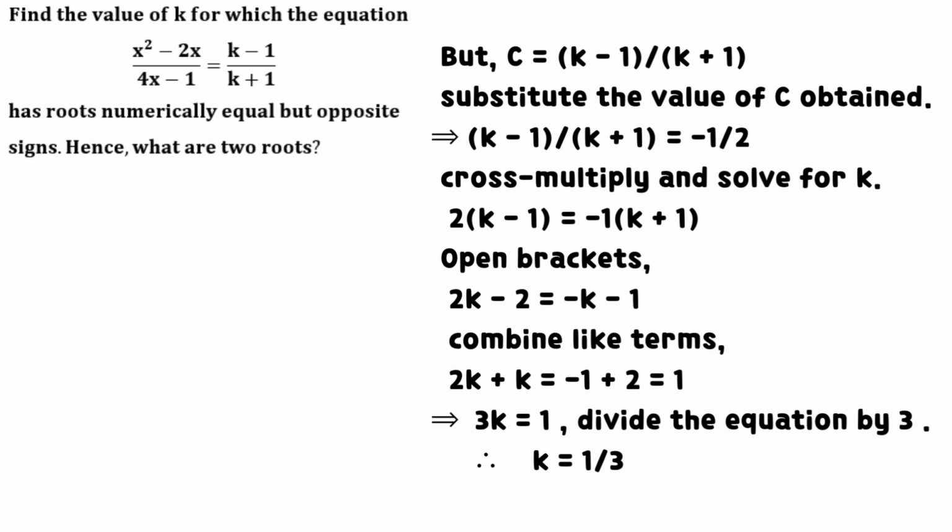Open brackets, combine like terms and simplify. We obtained that 3k equals 1. Divide the equation by 3. Therefore, k equals 1 divided by 3.